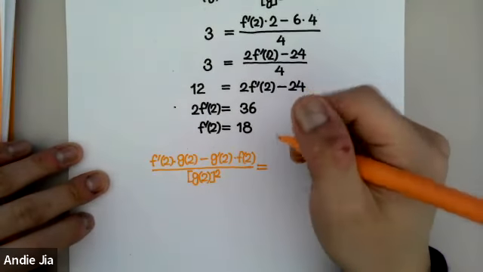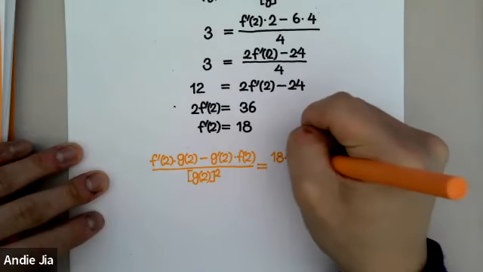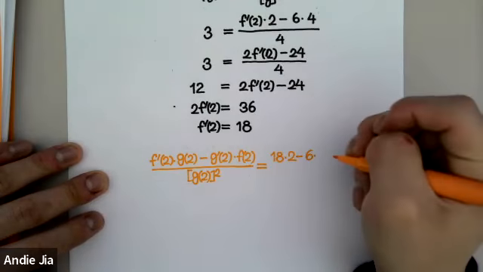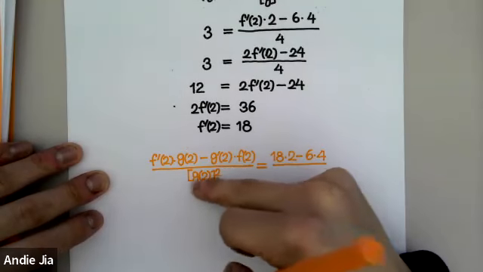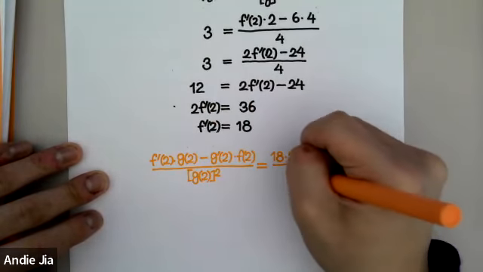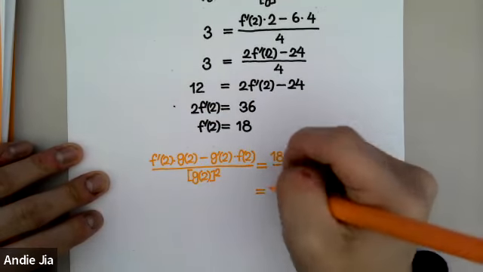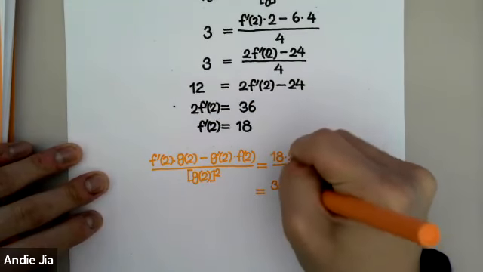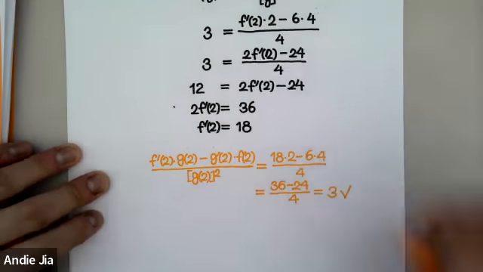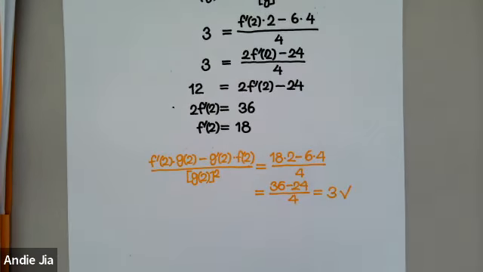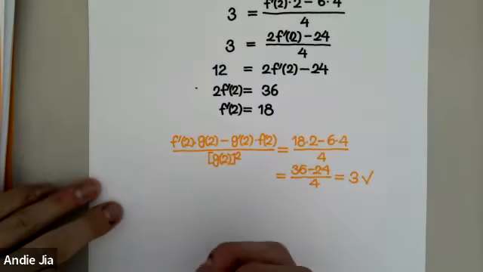So it's going to be f prime of 2 is 18, g of 2 is 2, and minus g prime of 2 is 6, f of 2 is 4. And then g of 2 squared is 2 times 2 is 4. So it is going to be 36 minus 24, 12 over 4 is 3, correct. So f prime of 2 is 18. That is what you want.